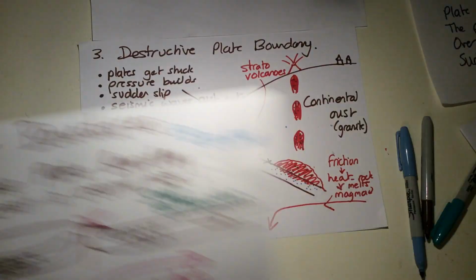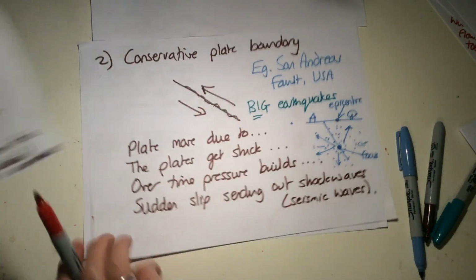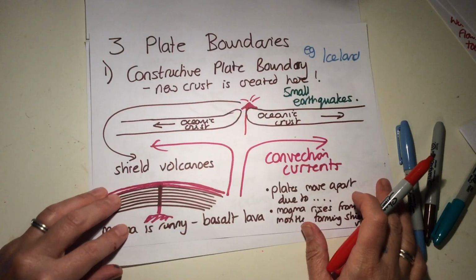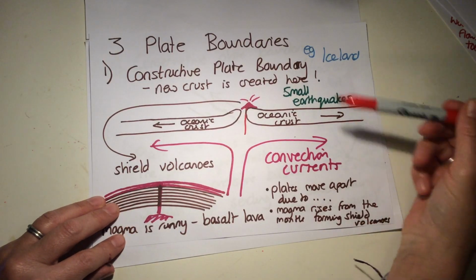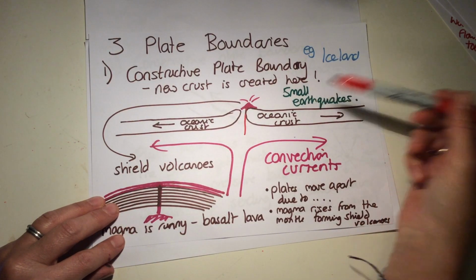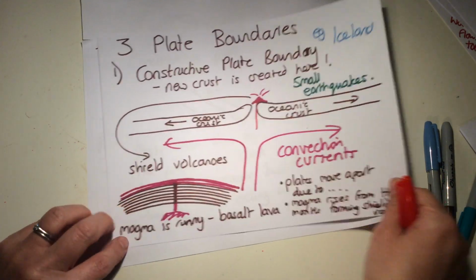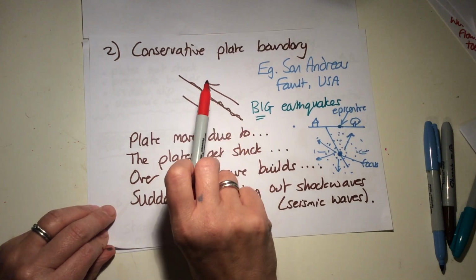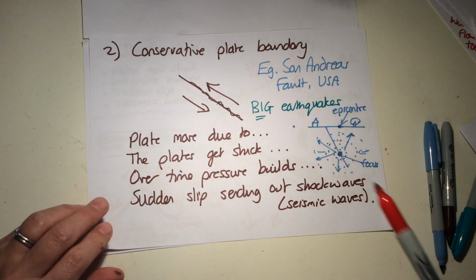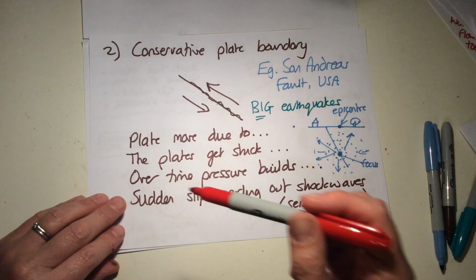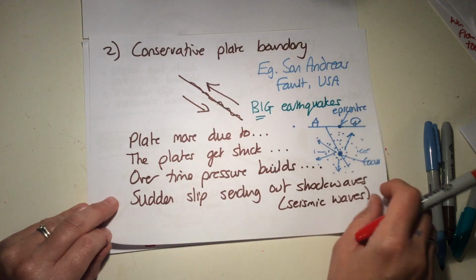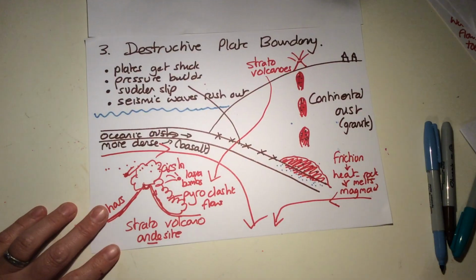So let's just review. We have 3 plate boundaries: constructive, small earthquakes, shield volcanoes, runny lava from the mantle. Conservative plate boundary, big earthquakes, because the plates get stuck, pressure builds and suddenly they move.